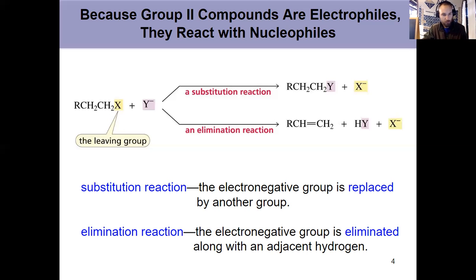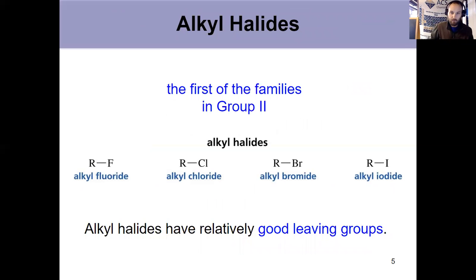So in chapter 9 and chapter 10, we're going to think about the different members of group 2, that family, starting with alkyl halides. And the reason we consider alkyl halides for pretty much all of chapter 9 is because they have really good leaving groups. A leaving group is an atom or a group of atoms that's easily substituted or eliminated.